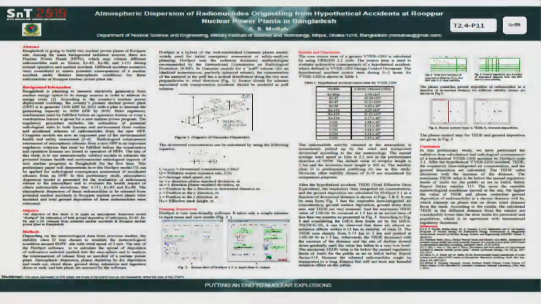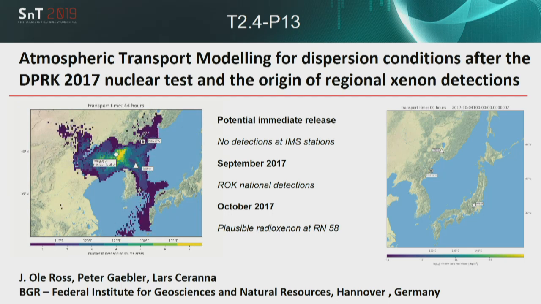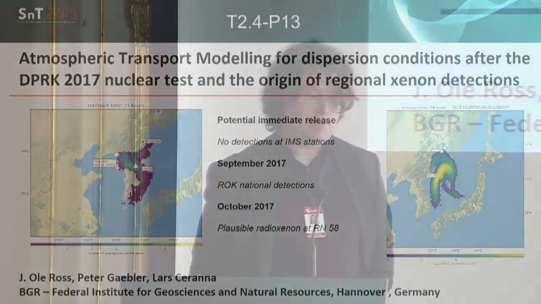Number 13, please. Yeah, but 11 isn't here, so the next one will be 13. This poster is about atmospheric transport modeling, which we performed at the German NDC in the aftermath of the 2017 DPRK test. As you all know, there were no IMS detections of an immediate release.